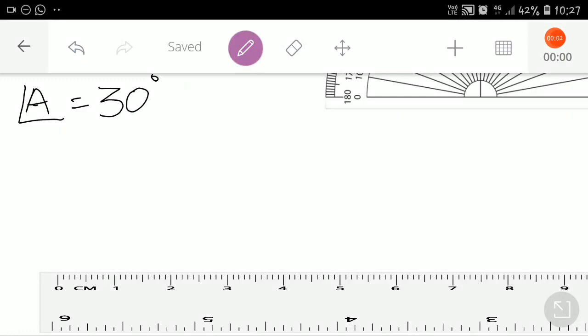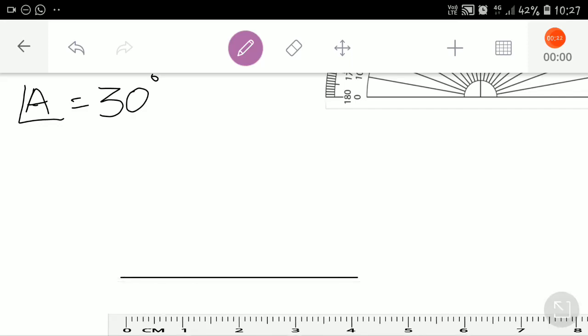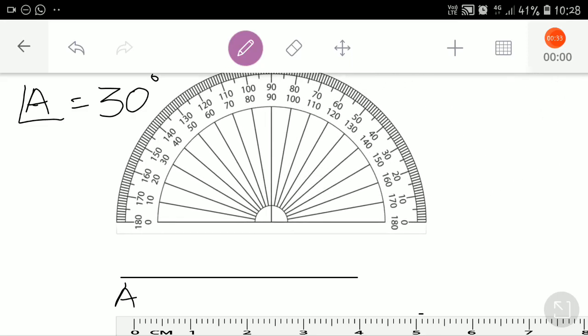You are going to mark 30 degrees now. Okay, for that first let us take a scale and then draw a line. Suppose if they are giving you any measurement, you have to draw at that particular measurement, but here I have not given you any measurement, so you are just going to draw a straight line using a scale. After drawing this line, you are going to name it as A, okay, because we are going to mark angle A. Then you are going to take your protractor now.